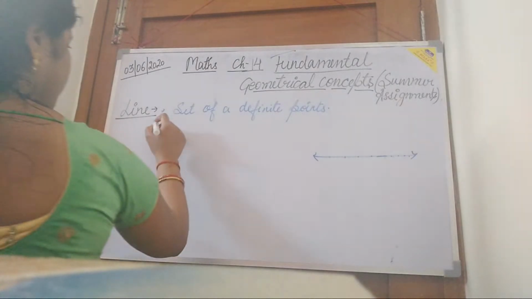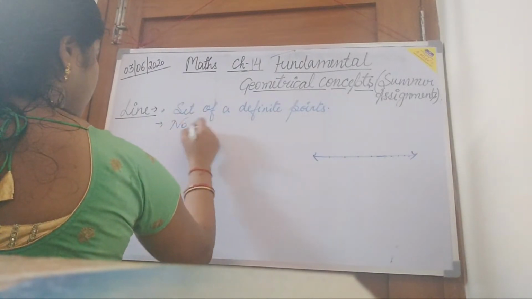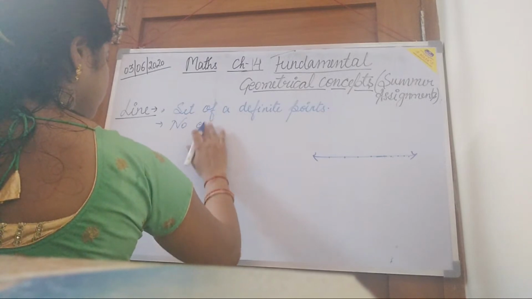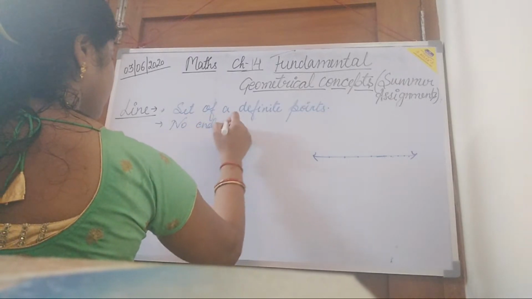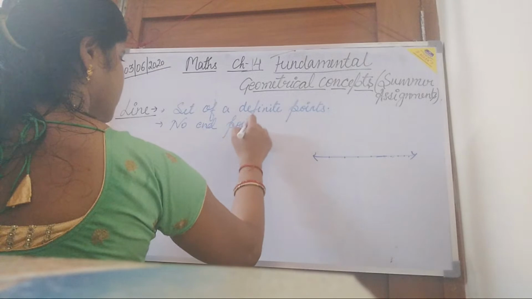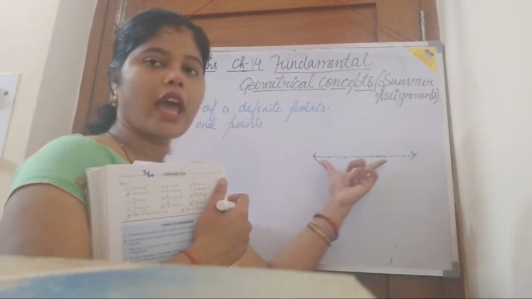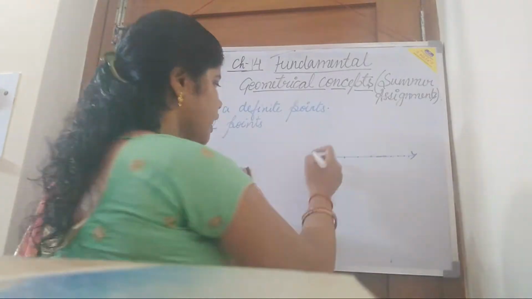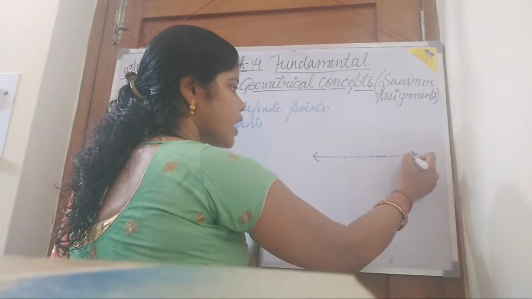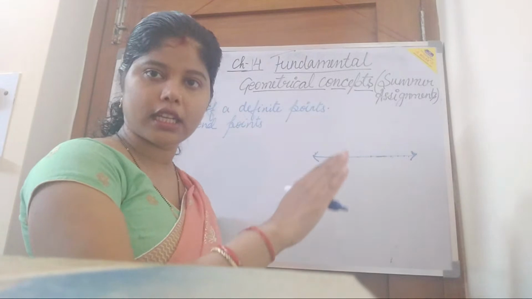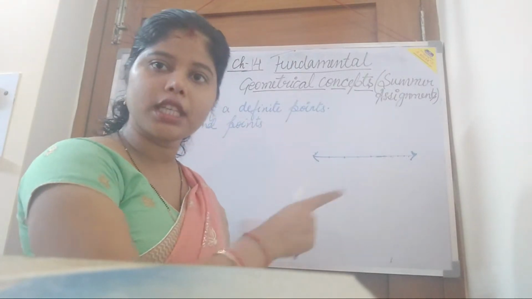It has no end points. We indicate a line with arrows, and the arrow means it is endless on both sides.